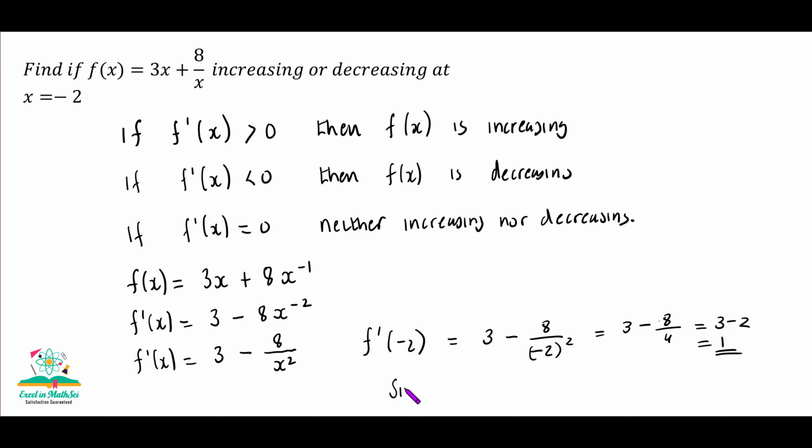So since f dash x is greater than 0, i.e. 1 is greater than 0, therefore f of x is increasing at x is equal to minus 2.